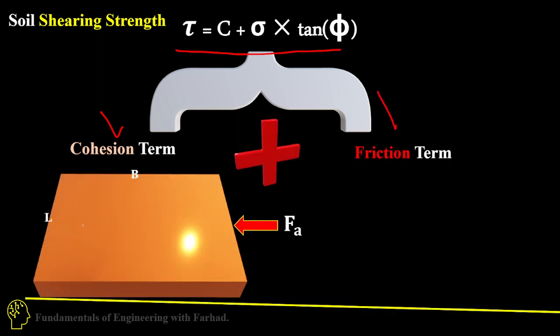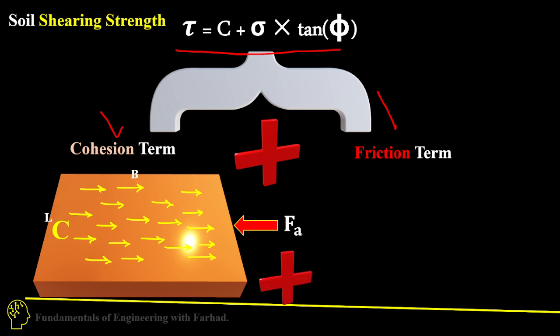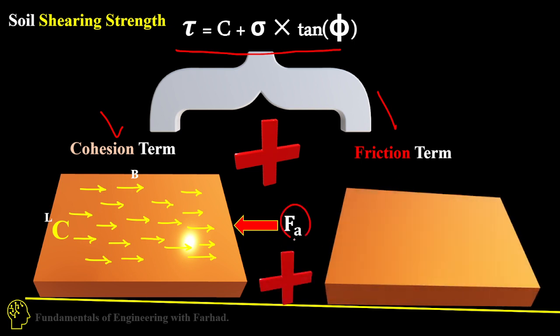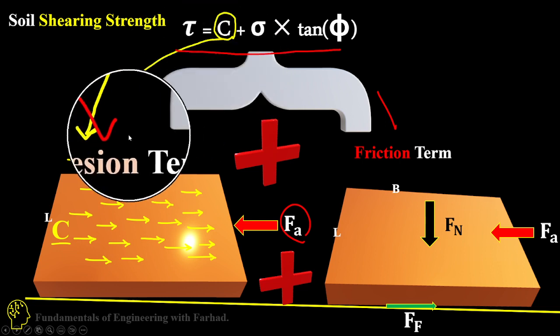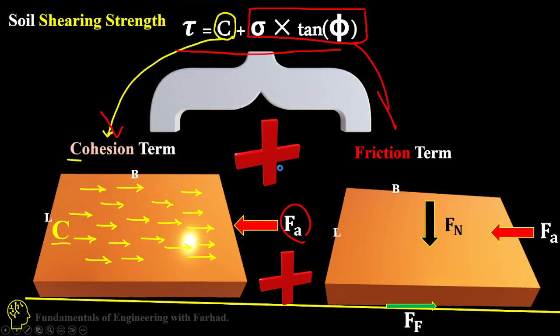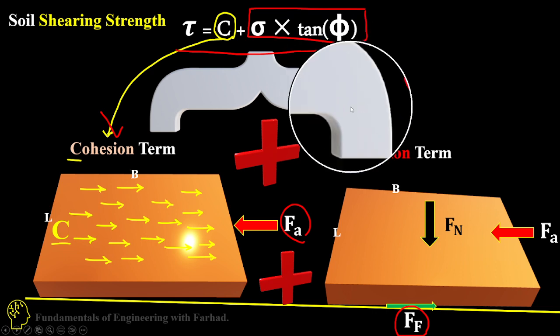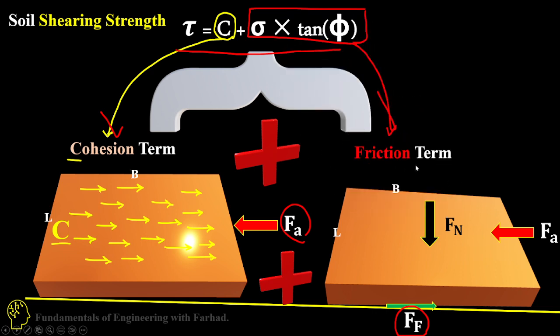Again, the cohesion term is due to cohesiveness of the soil grain materials, and it also resists the applied horizontal force, and also the frictional force. The first component, C, stands for the cohesion term, and sigma times tangent of phi is the frictional term, which we observe in closer detail.